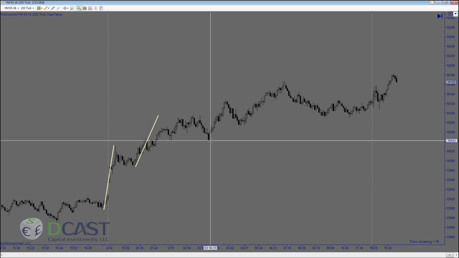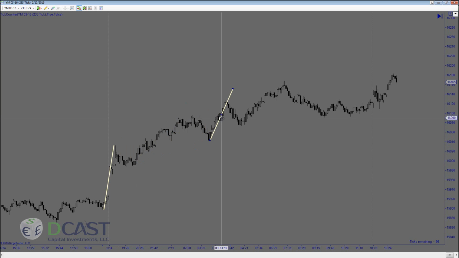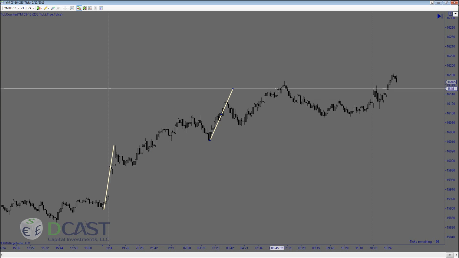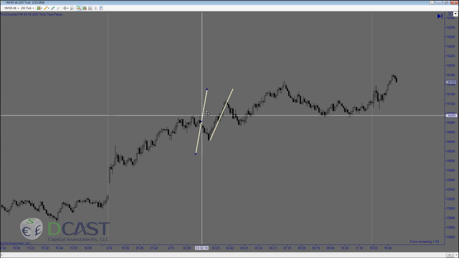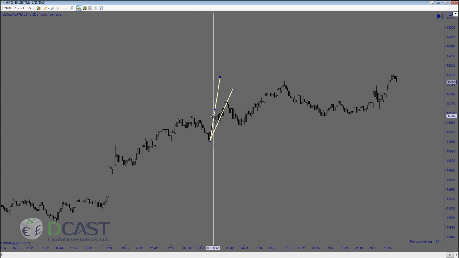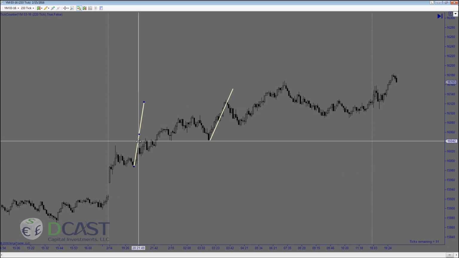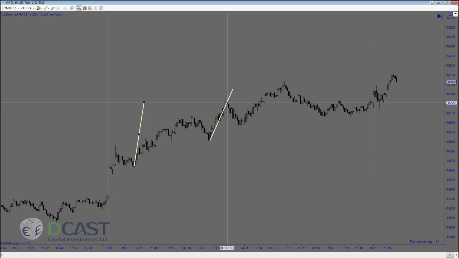And here I have areas that I'm particularly interested in to help me come up with areas where price should have a reaction.